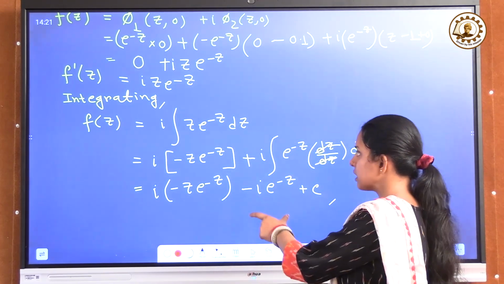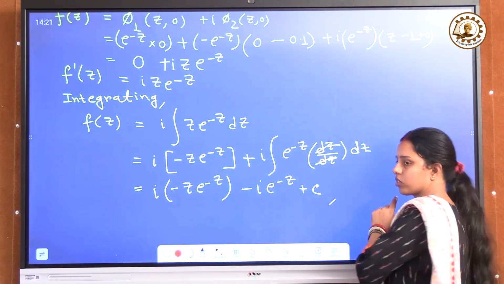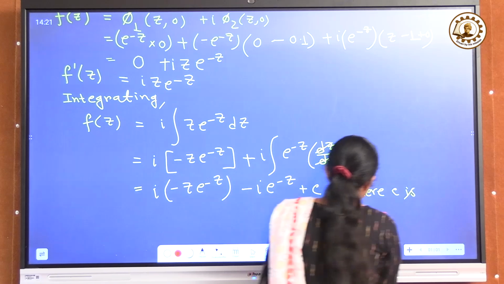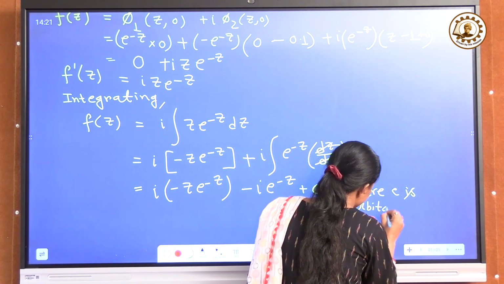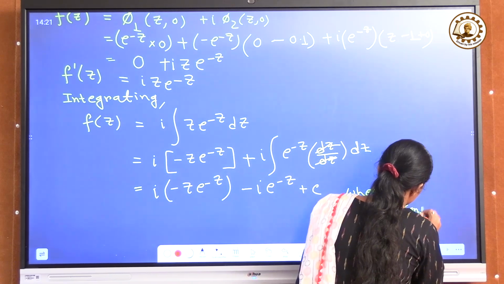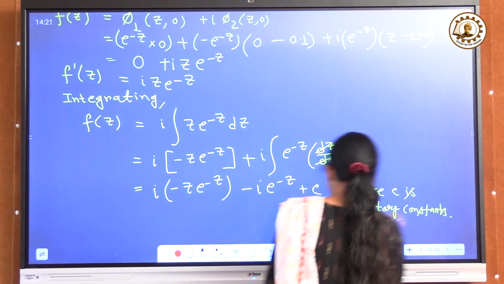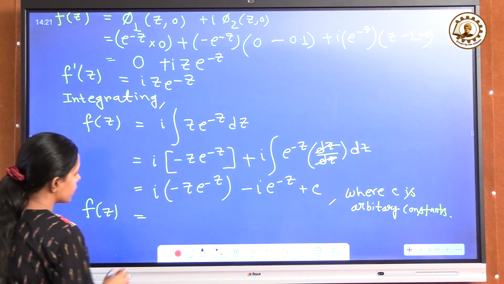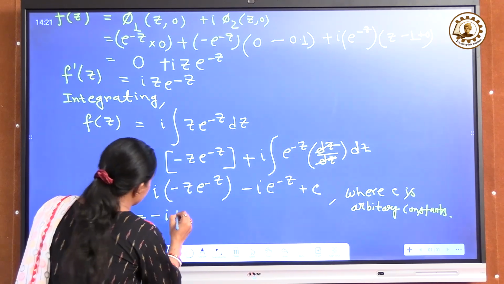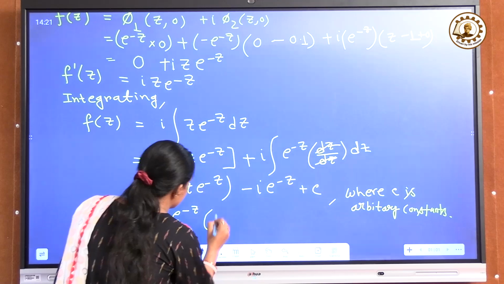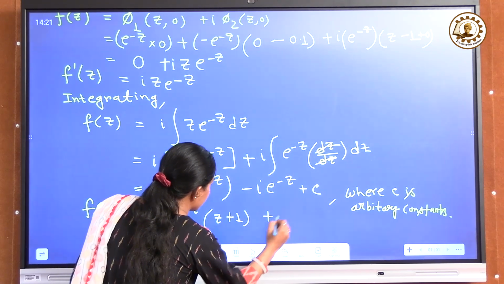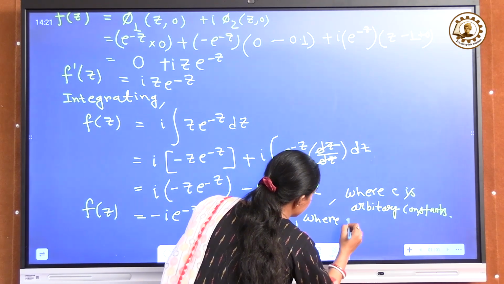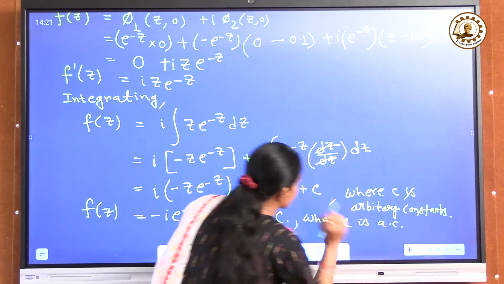Because it is indefinite integration, c is the arbitrary constant. So f of z equals minus i e to the power minus z times (z plus 1) plus c, where c is the arbitrary constant.